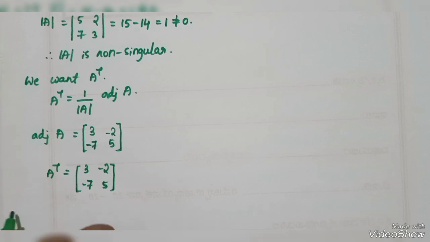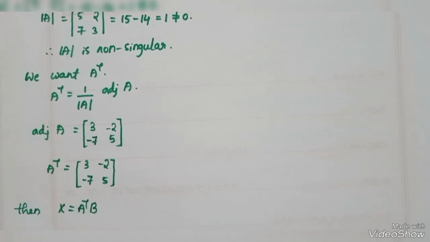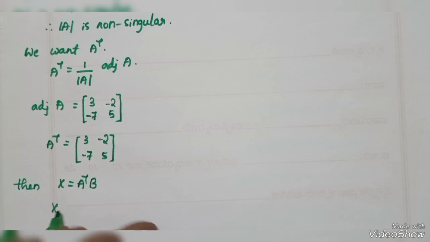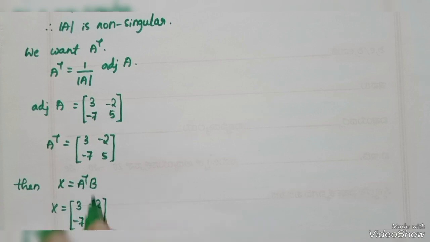Now, X is equal to A inverse B. Substitute the A inverse and B values, we get X. X is equal to, what is the A inverse? We already have it, that is 3, -2, -7 and 5, multiplied by the B matrix.